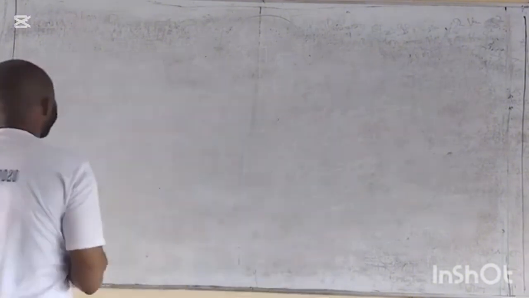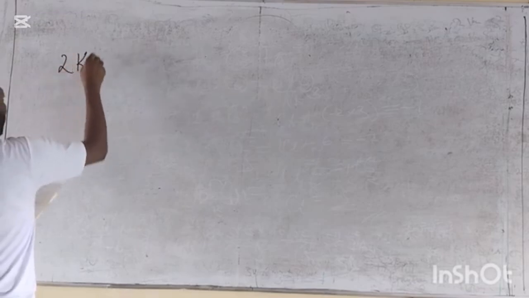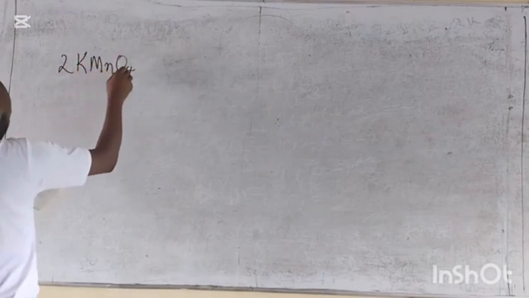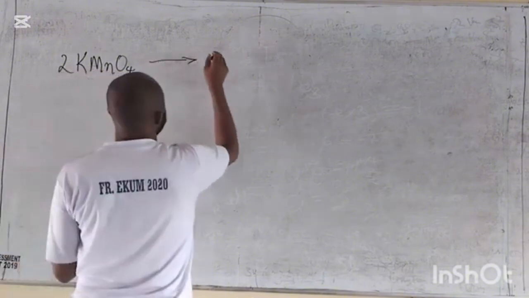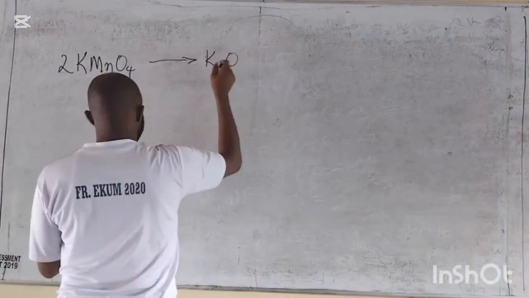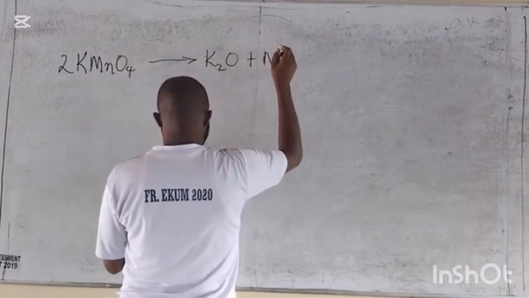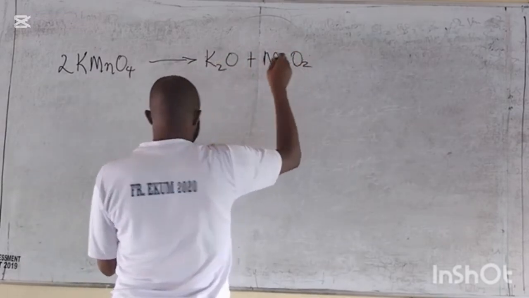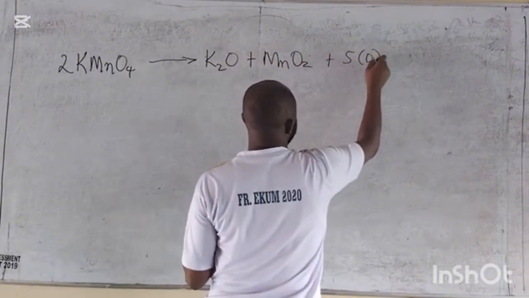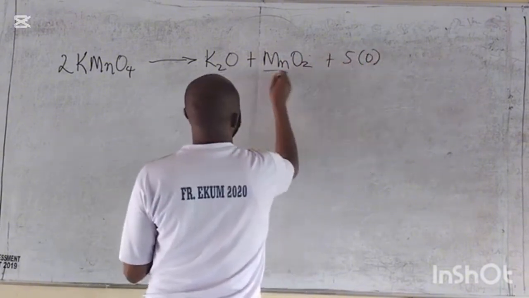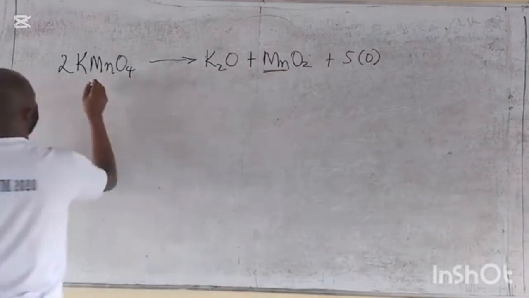Okay, we have 2KMnO4 gone to K2MnO4 plus MnO2 plus O2. The Mn is bold, and the Mn there is also bold.